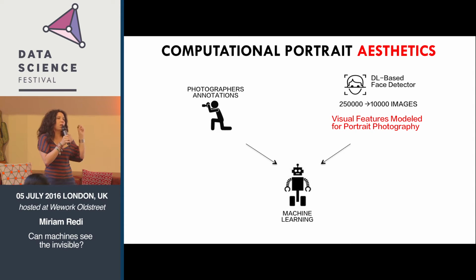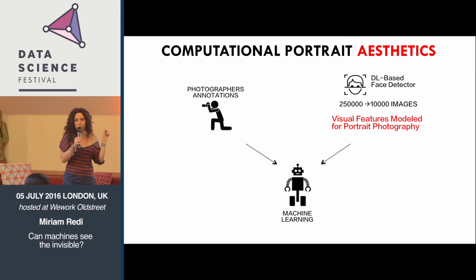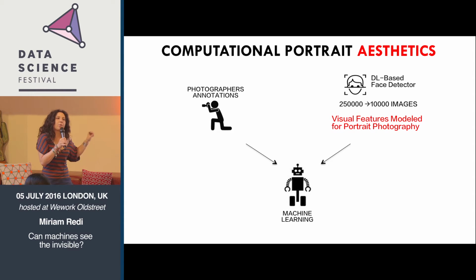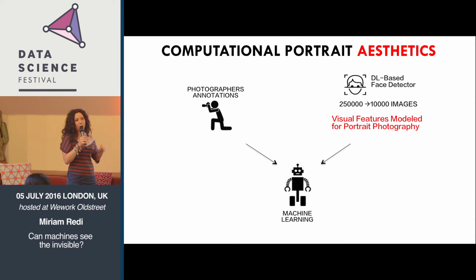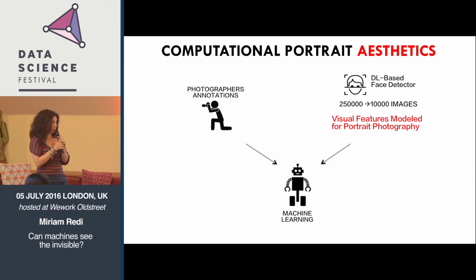This means that we go deep into portrait photography literature and remap each of the rules a photographer follows to shoot good portraits into a computational approach, into visual features. So we algorithmically describe the image in terms of portrait photography rules.